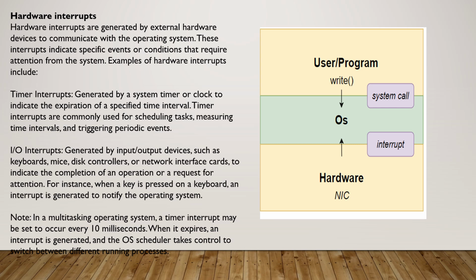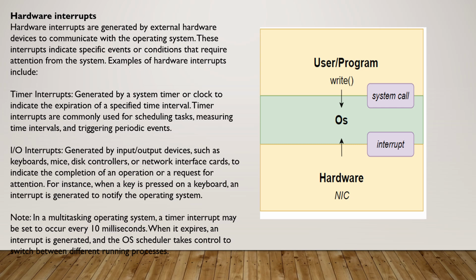Examples of hardware interrupts are the timer interrupt and the IO interrupt. Timer interrupts are generated by a system timer or clock to indicate the expiration of a specific time interval. They are commonly used for scheduling tasks, measuring time intervals, and triggering periodic events.